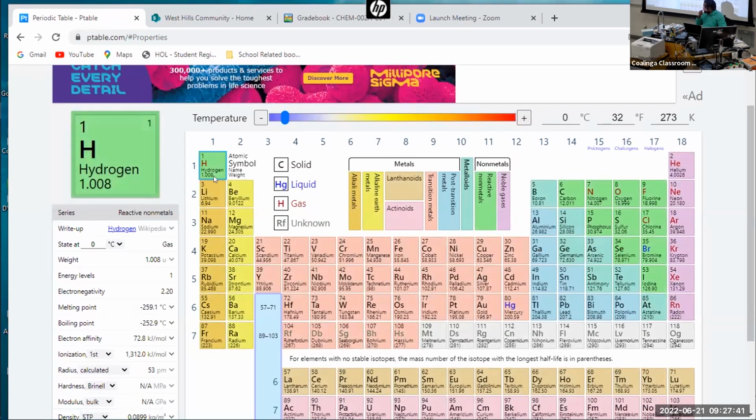Okay, so here we have hydrogen. You guys all see hydrogen there? If we take a look at the very top number, this is called our atomic number. The atomic number represents the number of protons.